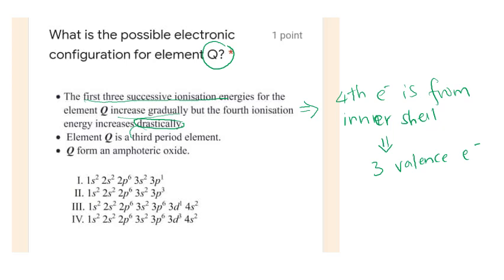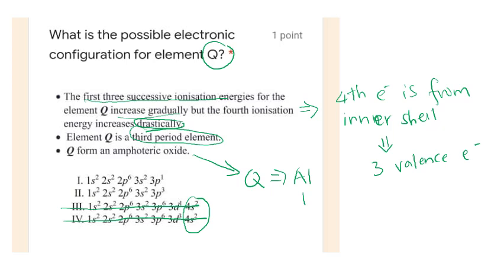So again, from the options here, 3 and 4 will be out because 3 and 4 have 4s. Q can form an amphoteric oxide. So actually this Q refers to aluminium.